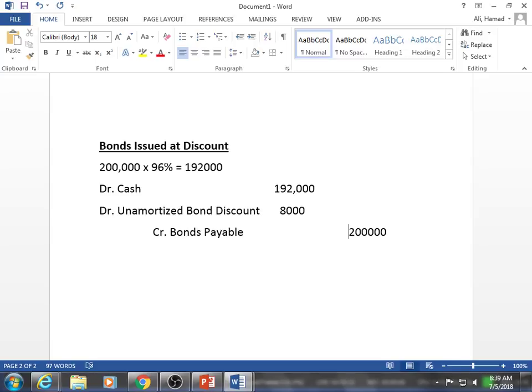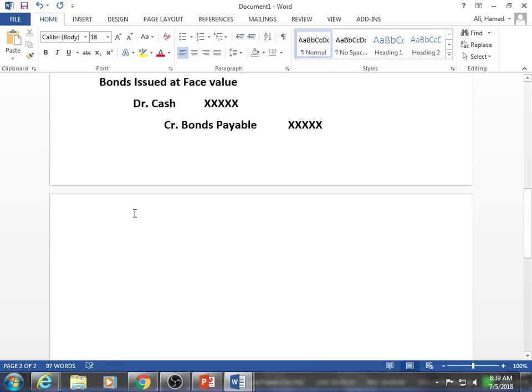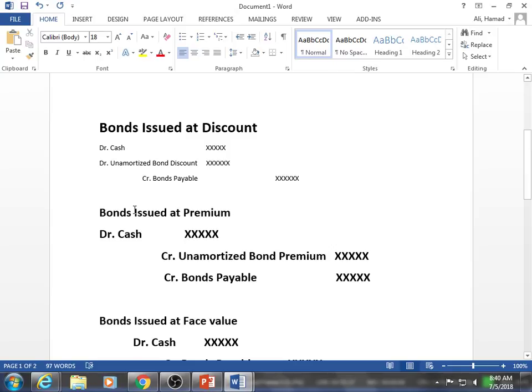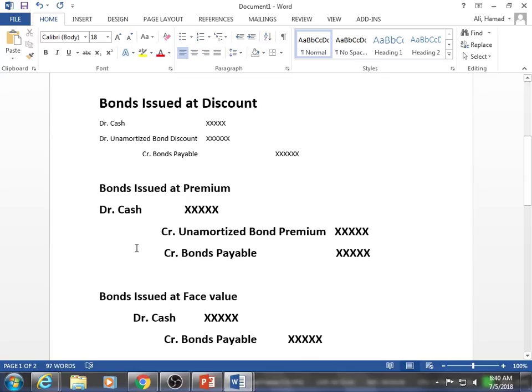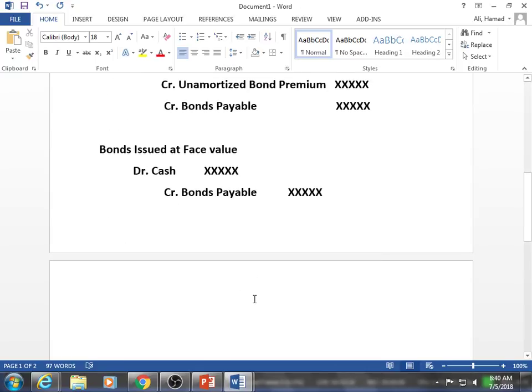If you look at our original generic entry, when a bond is issued at a premium, we're going to debit cash, credit unamortized bond premium, and credit bonds payable.